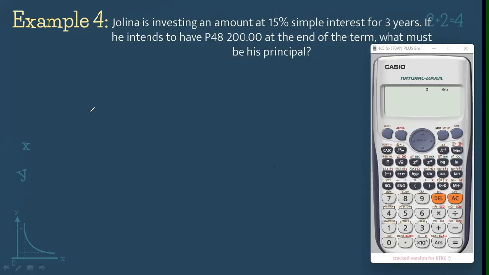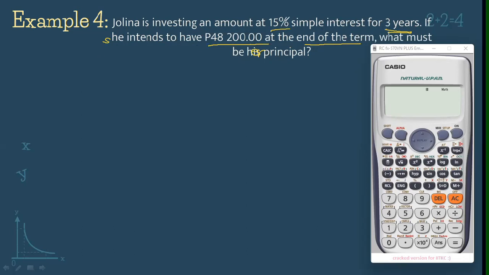So we have here example number 5. Julina is investing an amount at 15% simple interest for 3 years. If she intends to have 48,200 at the end of the term, what must be her principal?